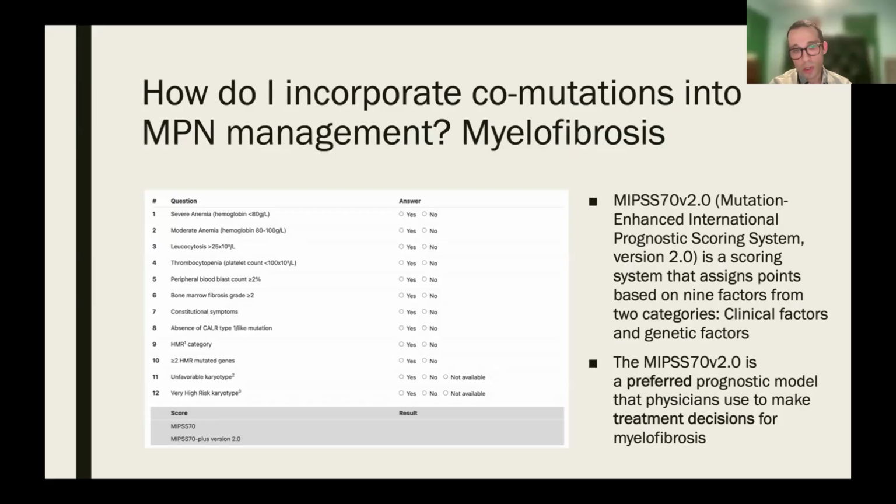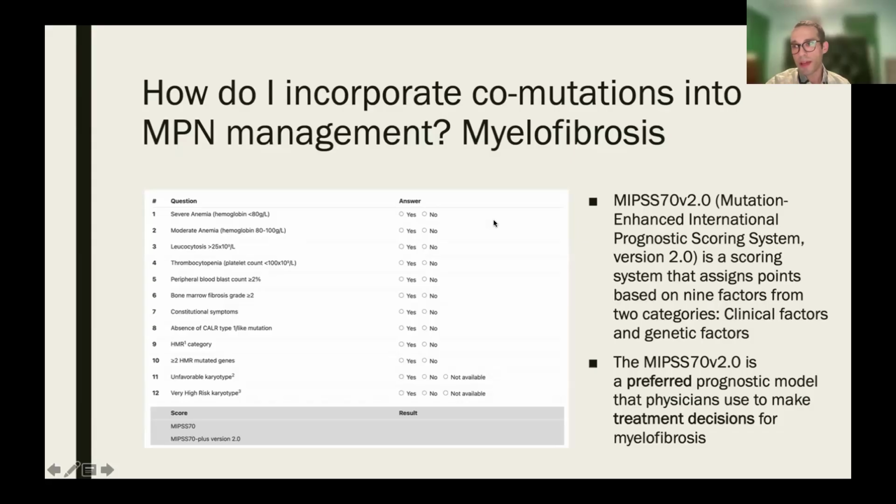I have patients, unfortunately, who, by this scoring system, really should have been evaluated for a transplant early on when they were diagnosed, and they weren't because sometimes general oncologists don't know about these scores. And by the time they finally saw me, they were too old or too sick to get a transplant. That really could have been avoided if they had been referred as soon as they were diagnosed.